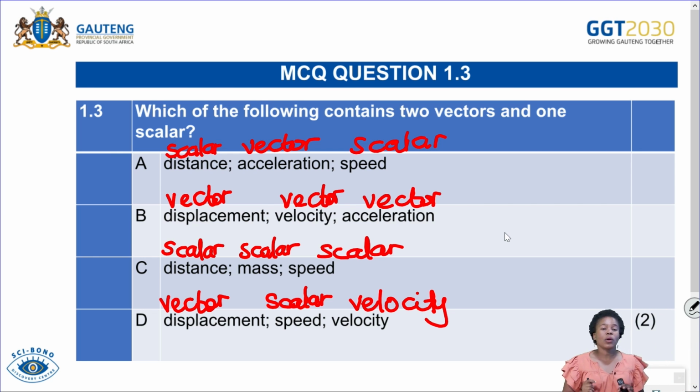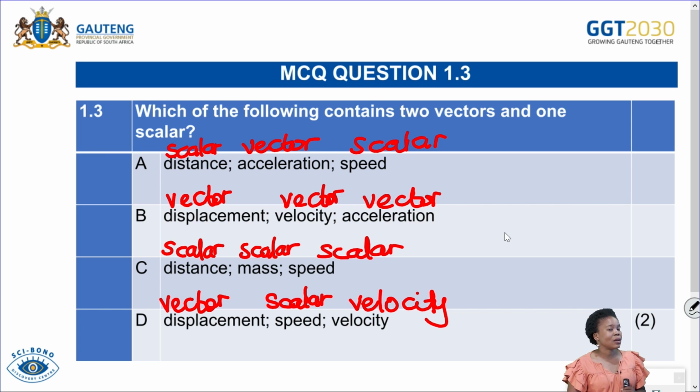Then we go back to our question and ask what is required of us. Which one of the following contains two vectors and one scalar? Option A, we've got two scalars and one vector, so it can't be the one. Option B, we've got vectors only, so it can't be the one. Option C, we've got scalars only, so it can't be the one.